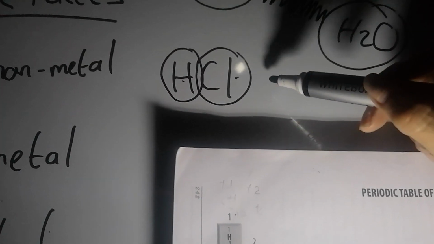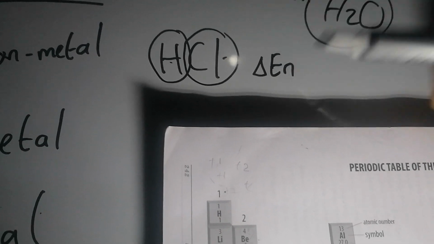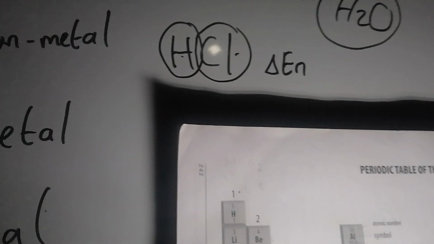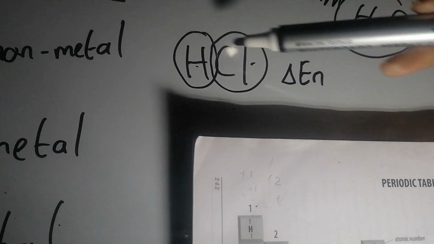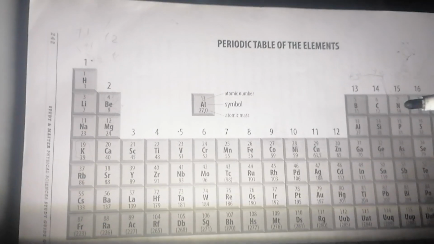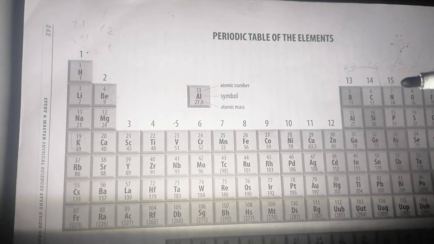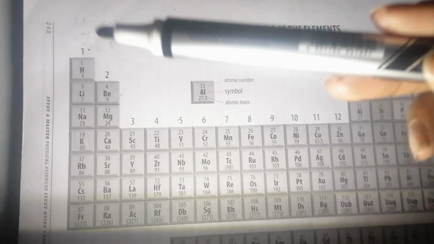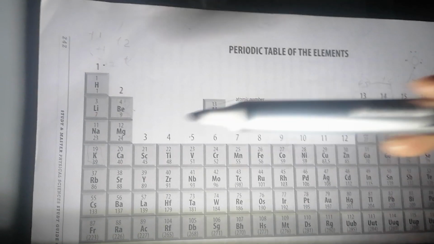Then how are you going to know if it's covalent or not? You will work out the delta En. What is En? It's your electronegativity. What is delta? It's our change in electronegativity. So the two elements that you're comparing within that one molecule, you'll take the bigger electronegativity number minus the smaller electronegativity number, and you'll get a value.